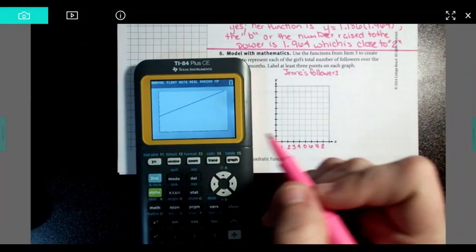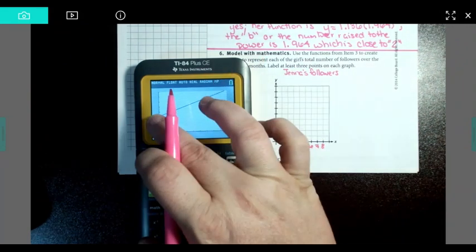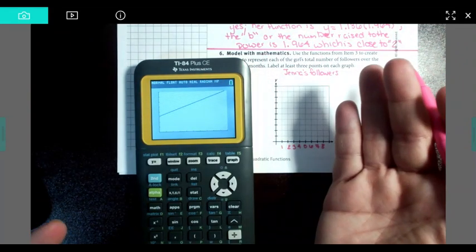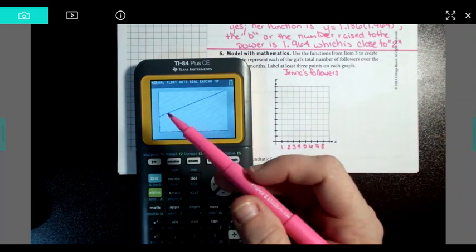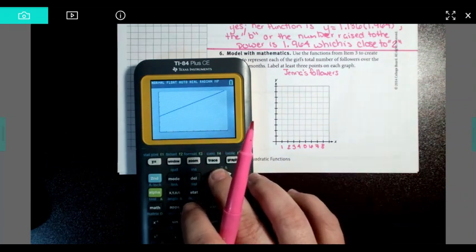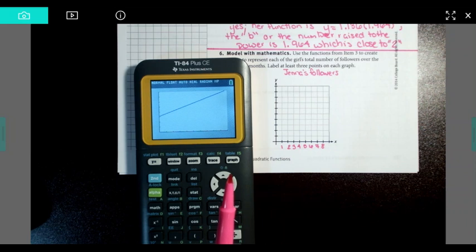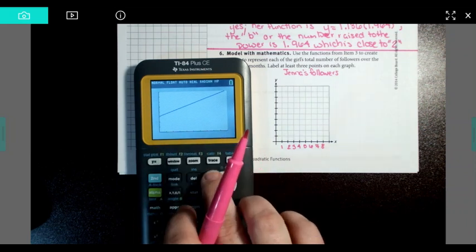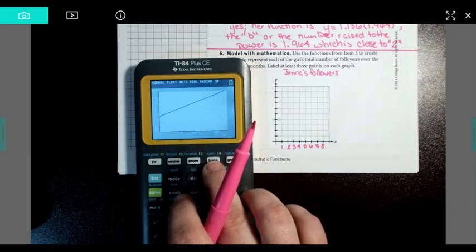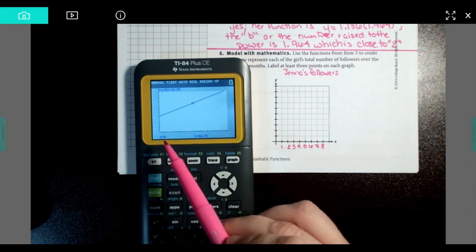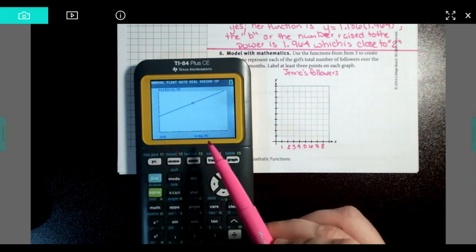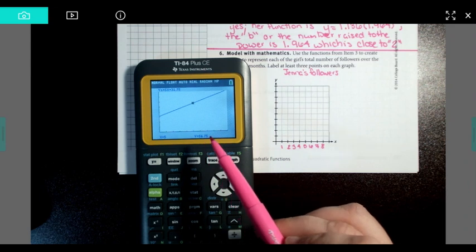Okay. So it looks like we have a straight line here, which we predicted it was linear. And what I want to do is find some values on this graph. So I want you to go to where it says trace, hit the key. And what it says is that approximately 5, the y value is 56.75.